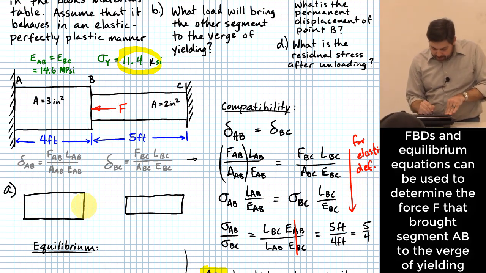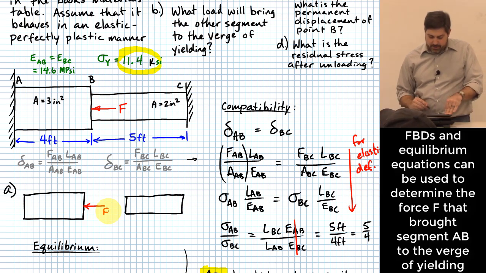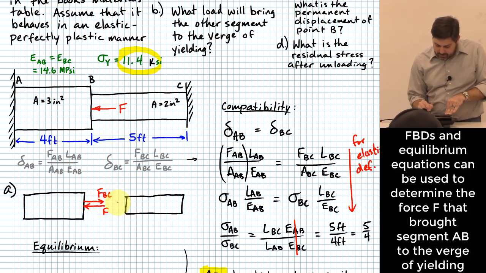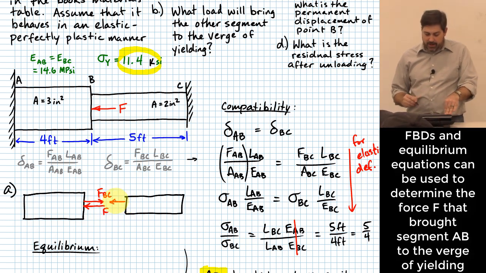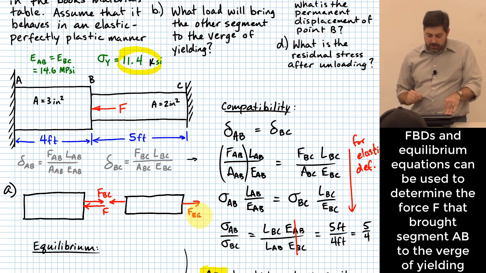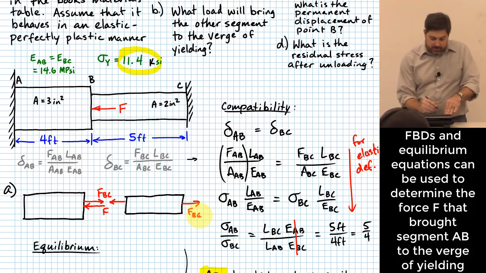Let's imagine F is being applied to segment AB right here, but segment BC is attached at this point, so it pulls back this way, and I'm going to call that FBC. That means that's FBC pulling that way and FBC pulling that way, which means I have FBC pulling this way over here. What happens on this other end?